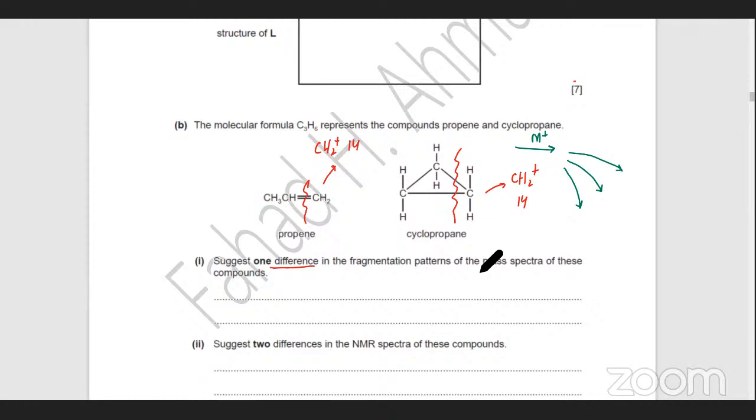Anyone? Which particle can exist in this one? So 15. Exactly, 15 is the one.